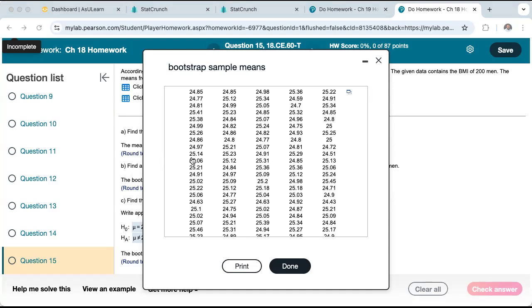These are bootstrap samples already, so we don't need to go and create many resamples. Since we have this, the next step is for us to sort this. So to sort, we go to data, sort.